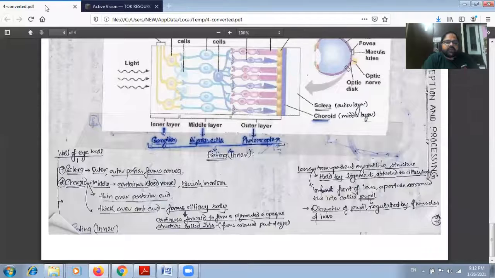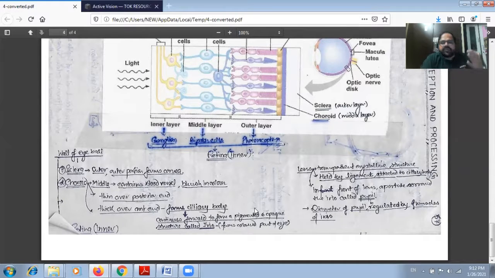This ciliary body holds the lens. It holds the biconvex lens of the human eye, and it continues forward to form a pigmented and opaque structure called iris, which forms the colored part of the eye.